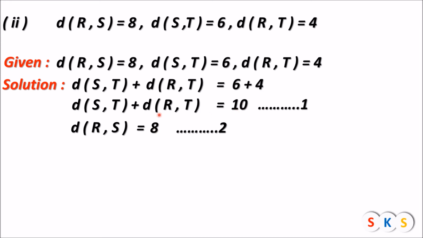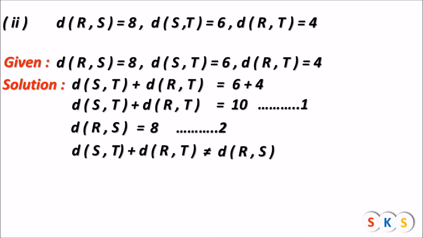So if the right hand sides of these two equations are not equal, then the left hand sides of these two equations will not be equal. Therefore, distance ST plus distance RT is not equal to distance RS. This statement we got by comparing equations 1 and 2.